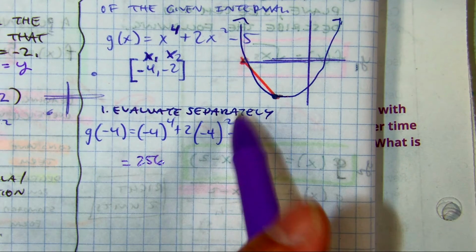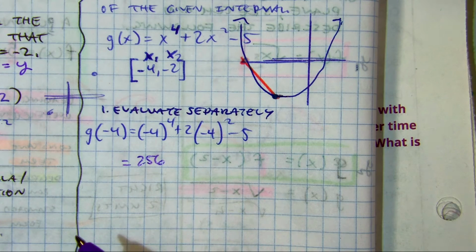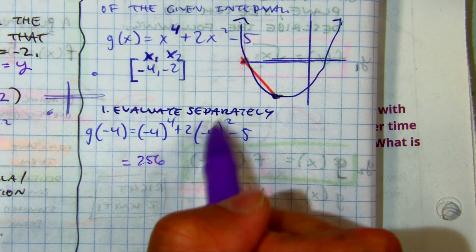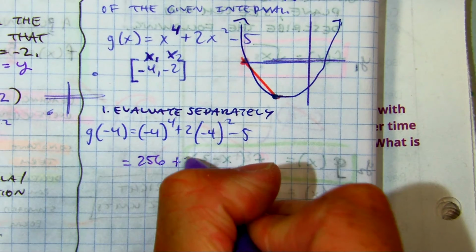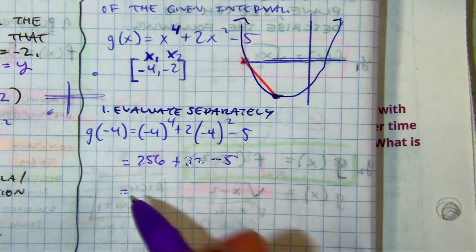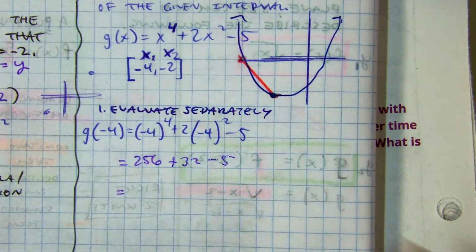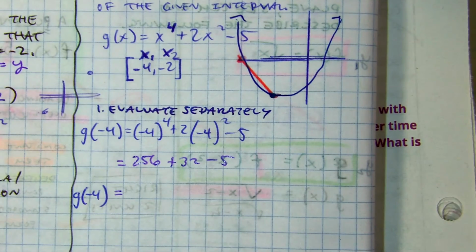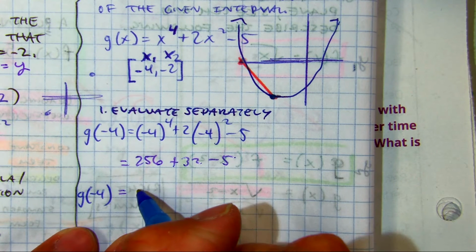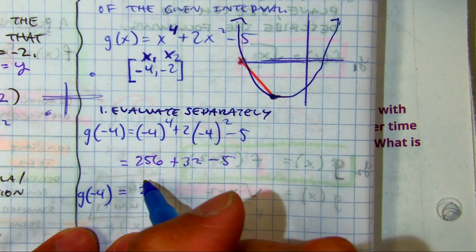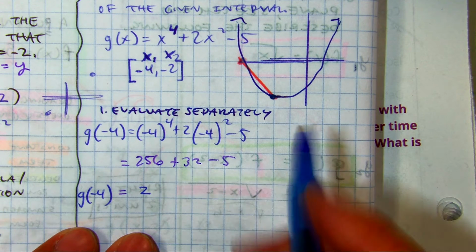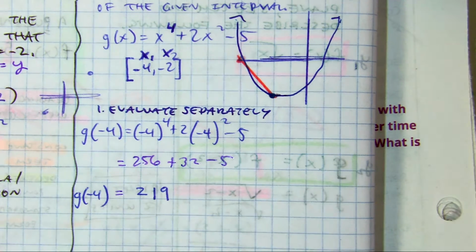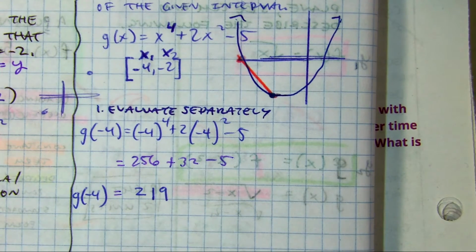Should I multiply or do exponents first? So there I have -4 squared, which is positive 16, times 2 is 32. And if you punch away in your calculator, g of -4 equals... 280.